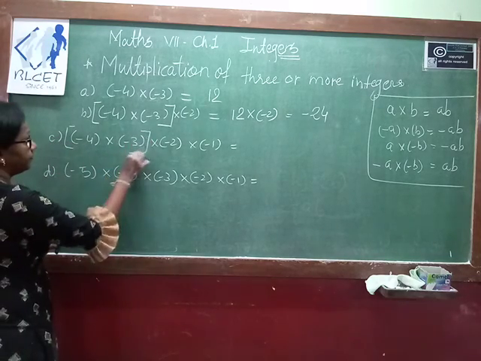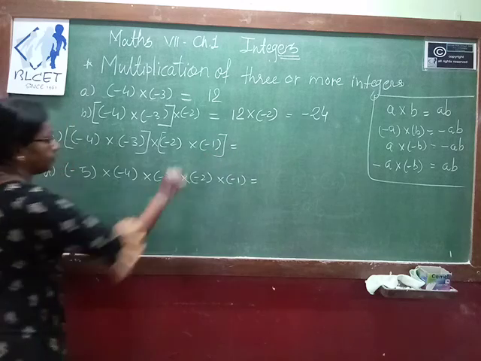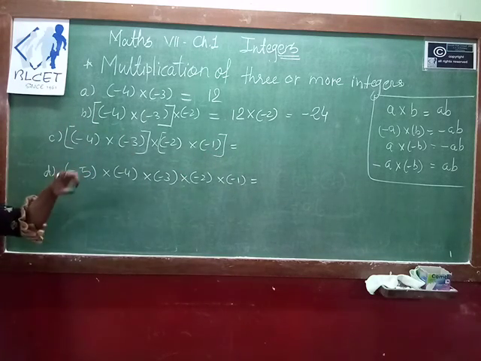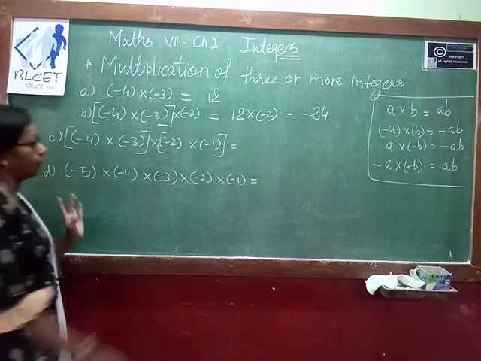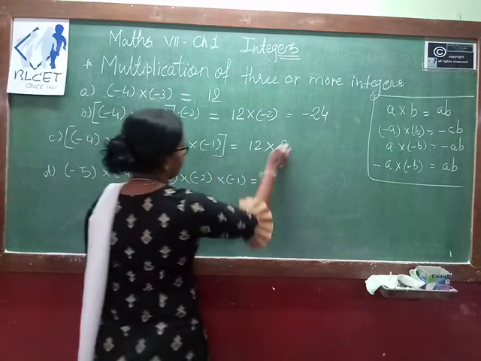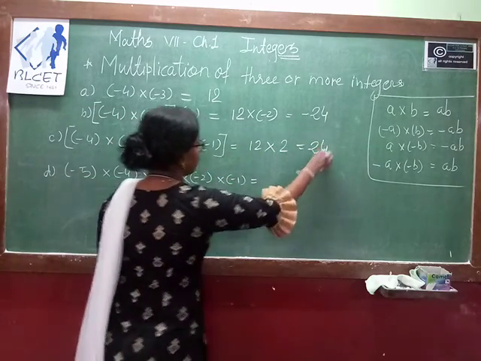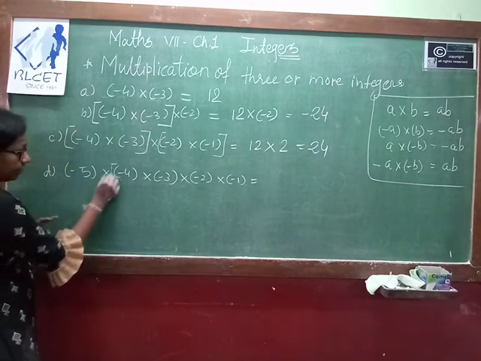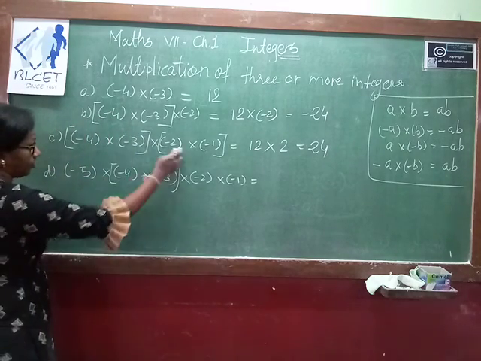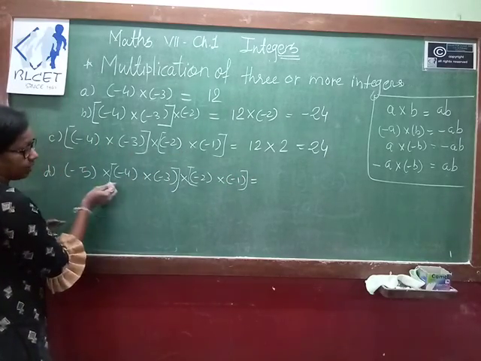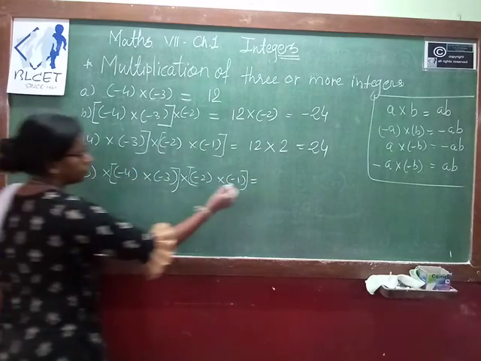Next question. Again we make groups of 2. Two negative integers, when you multiply, give 12, always positive. And for the other two, 2 ones are 2, always positive. So the answer is 24. Now make a group of these 2 because we know the answer directly.